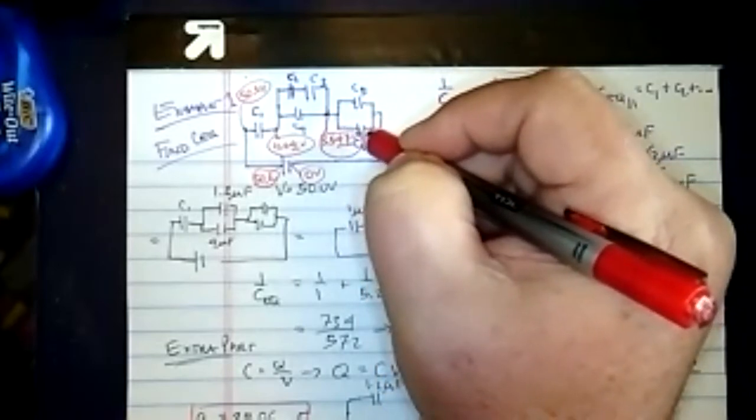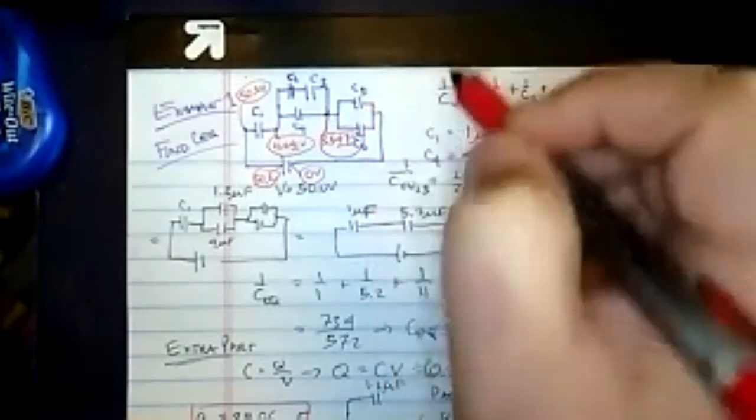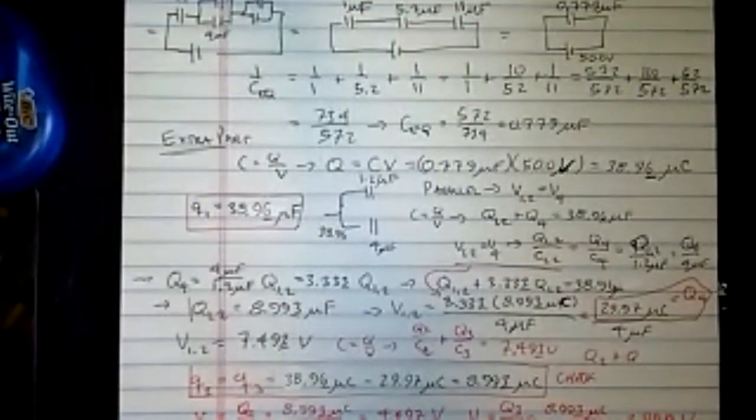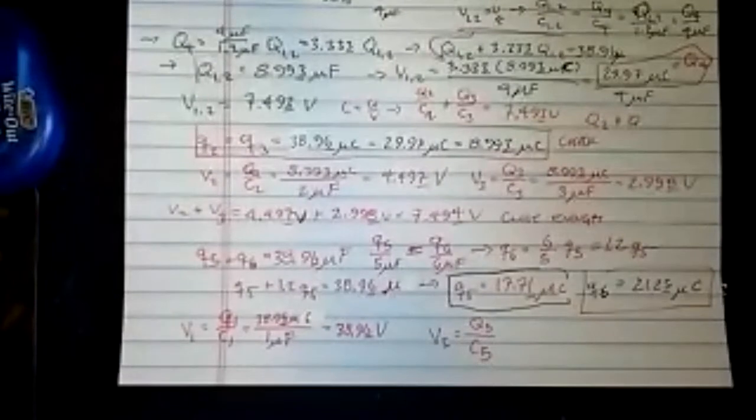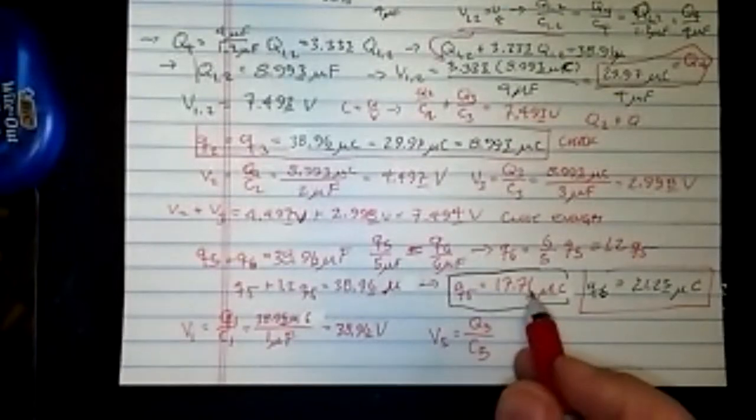So this is 3.547, this is 3.547. So let's check the voltage across C5. The voltage across C5, so that would be V5, is equal to Q5 over C5. Notice I've just haphazardly thrown in big Q's and little Q's. I have no idea why I'm doing that, but they're supposed to be the same thing.